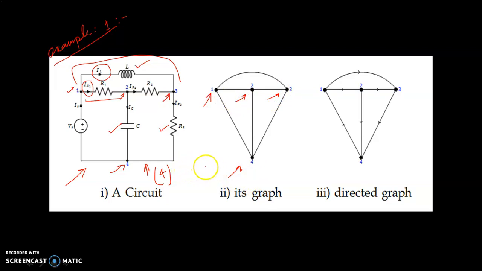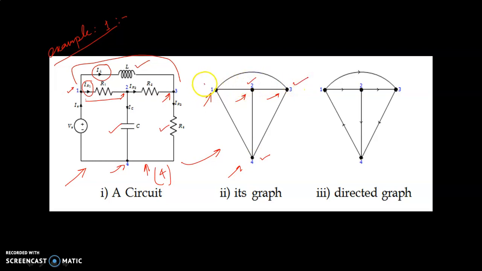Node 4 is your reference node. It is clearly visible here. What we are going to do, we are just connecting all the nodes with a path. That will be your graph. This circuit will be represented by its graph when all the nodes are drawn like this.